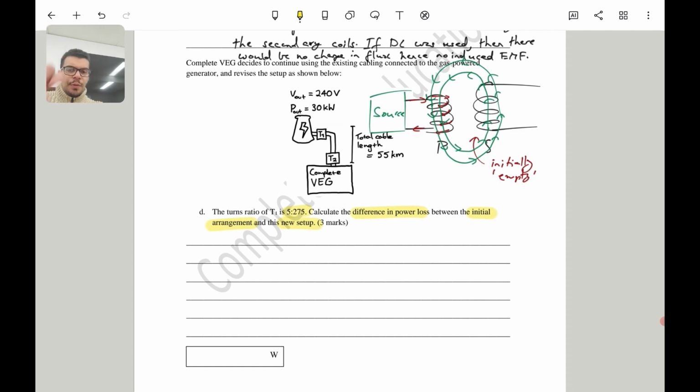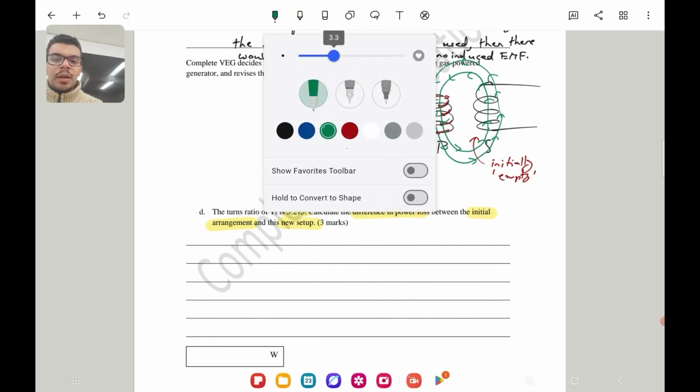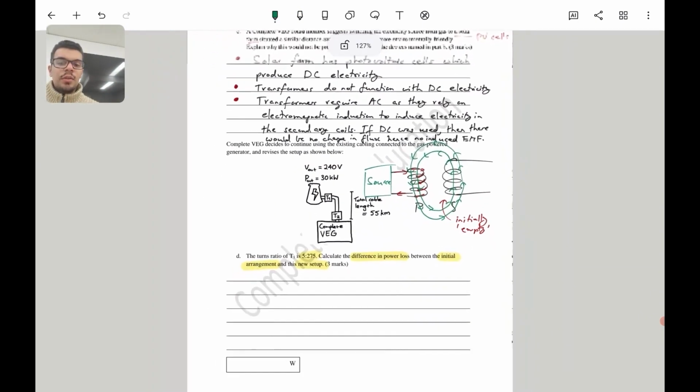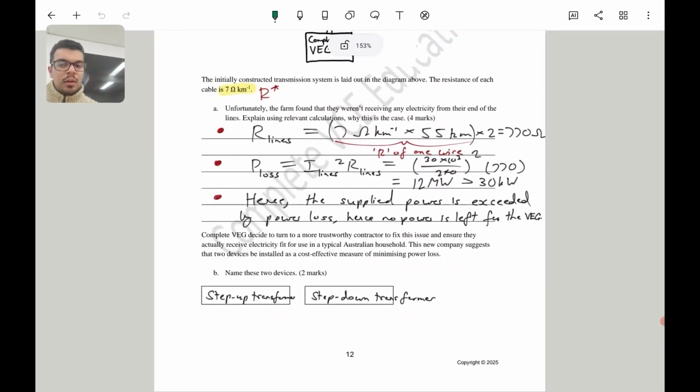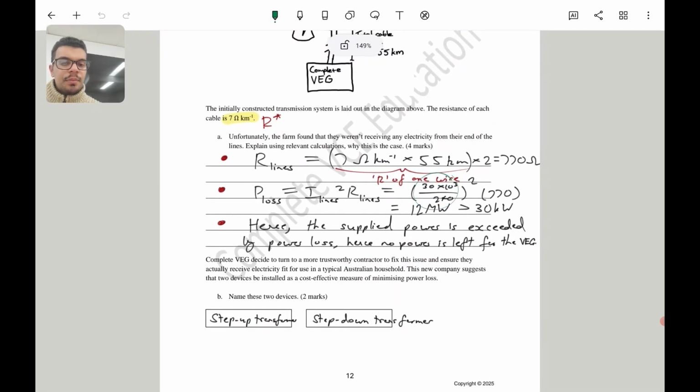Now, let's first of all figure out, what is the current that is flowing through our transmission lines? So we know that the current that comes out of our power supply is 30 times 10 to the power 3 over 240.